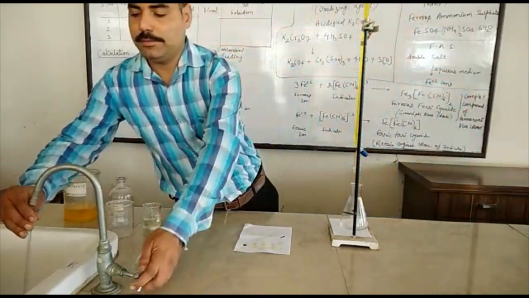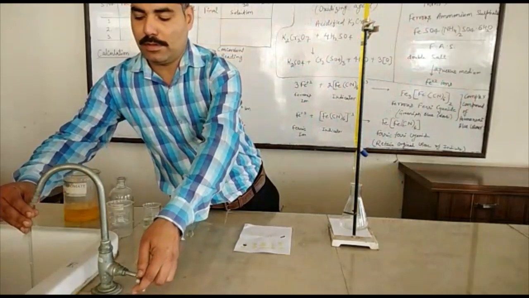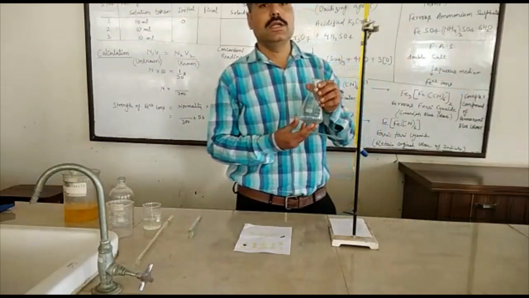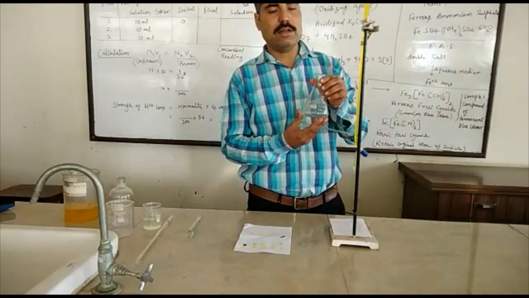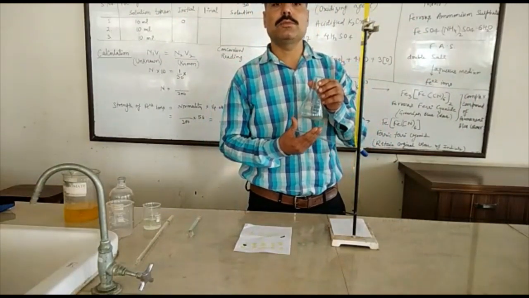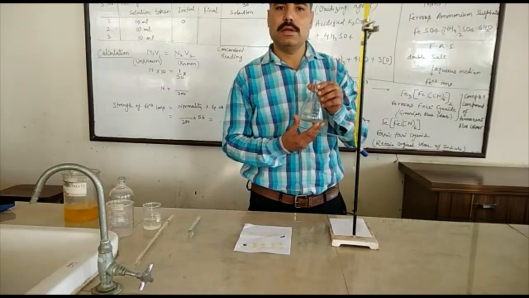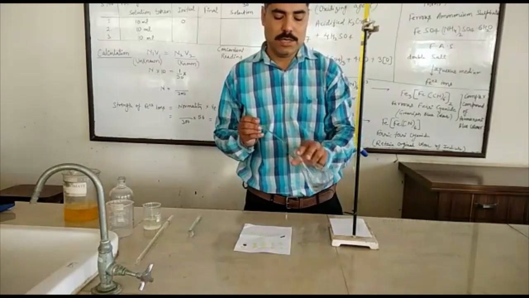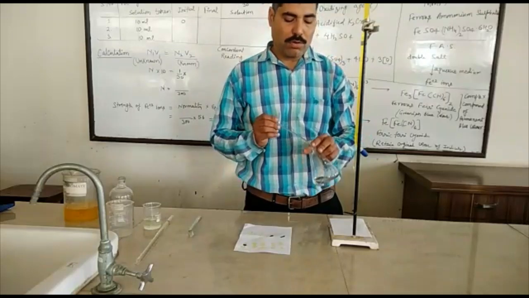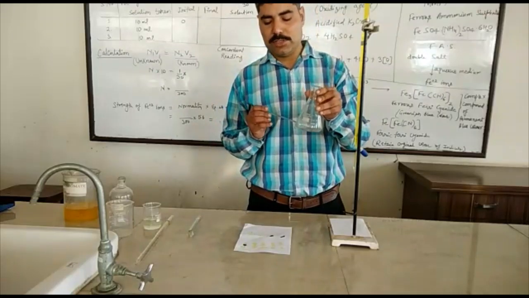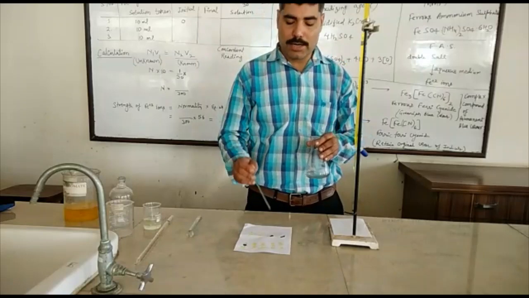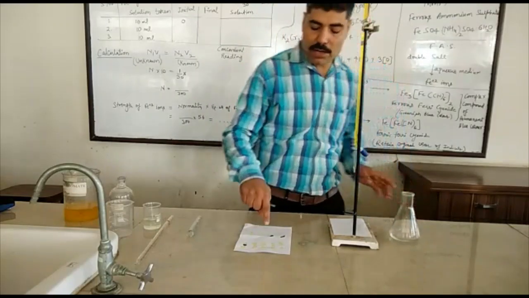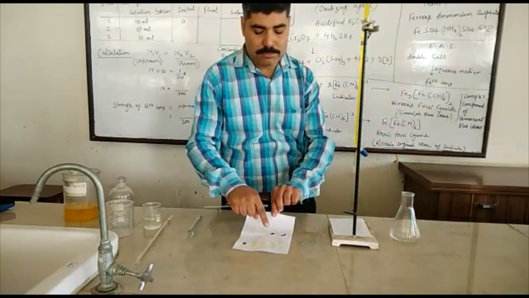See, as we know that the conical flask contains the given sample solution, meaning the iron ore sample solution, that is ferrous iron. Take a drop of the given sample solution with the help of the glass rod, and when it reacts with the drop of indicator, it gives a greenish blue colored compound like this.